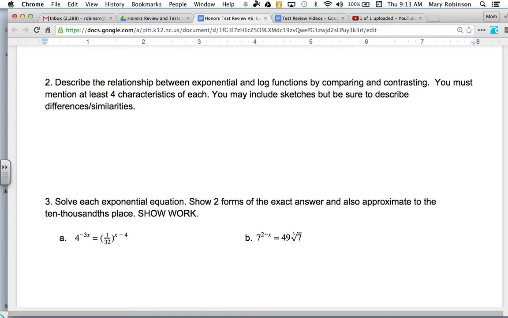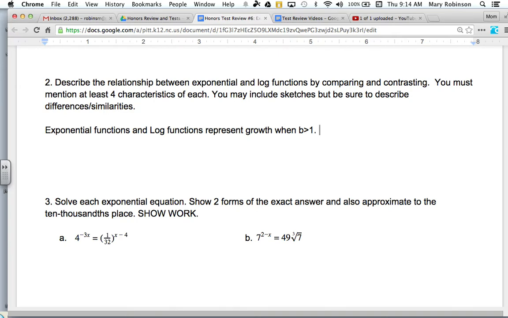So first we could say that exponential functions and log functions represent growth when b is greater than 1. However, if you were to look at a graph of, say, 2 to the x versus log base 2 of x, you would find that exponential functions grow faster than log functions.